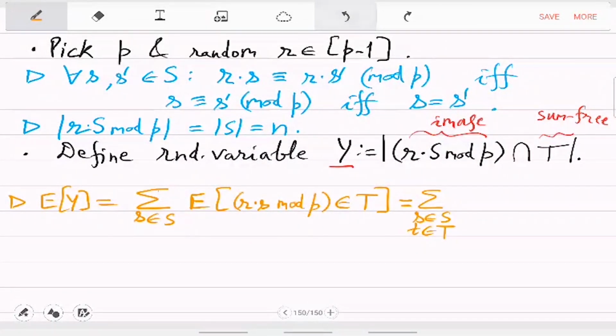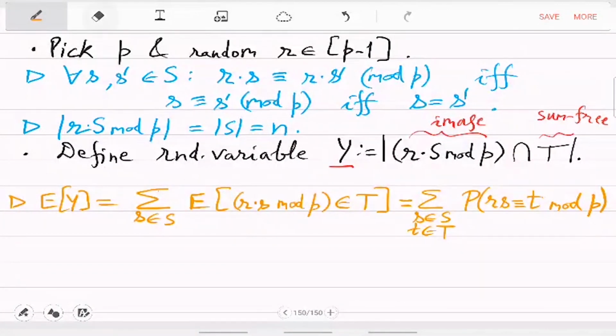So what is the probability that RS is in T mod P? That is the expectation.